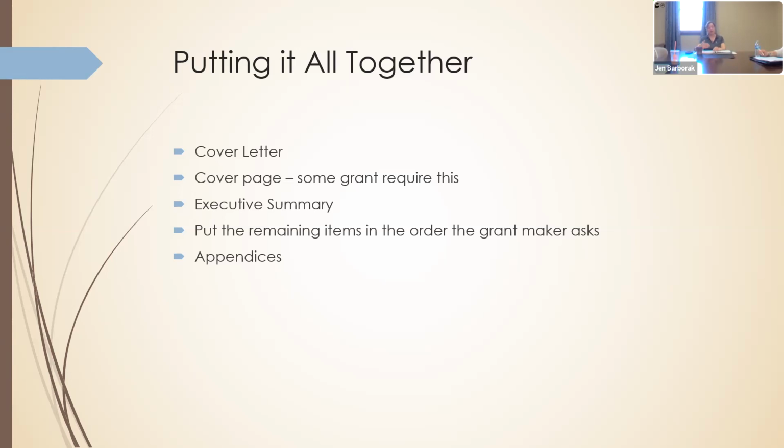So some of them will request that you PDF each piece separately. And if you do that, make sure you number them in the order that they want them. And then make sure that the proposal follows the specifications set forth by the grant maker.